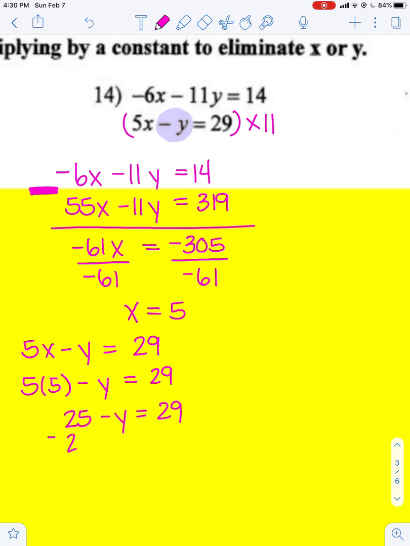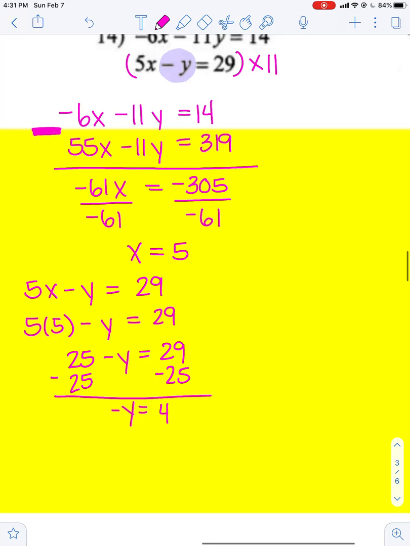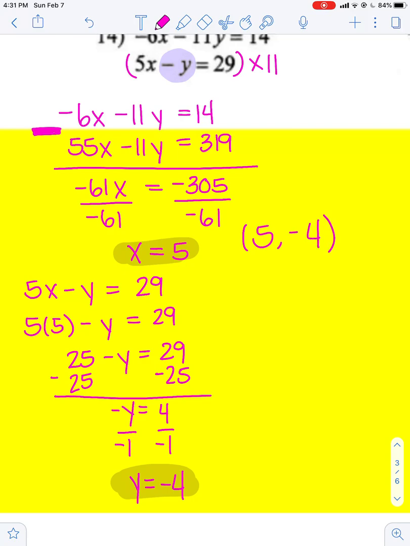So then I will subtract 25 from both sides to get negative y is equal to 4. And then we divide by negative 1 on both sides, which gives me y is equal to negative 4. So from here, I have x is equal to 5, y is equal to negative 4, and I get the point (5, -4) as my answer.